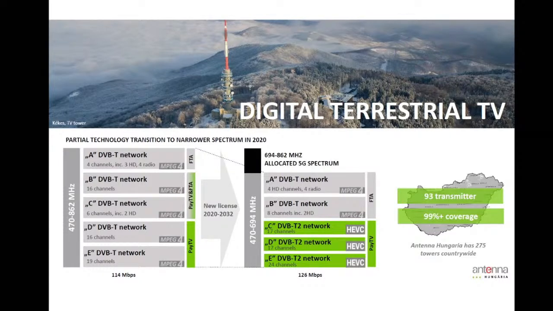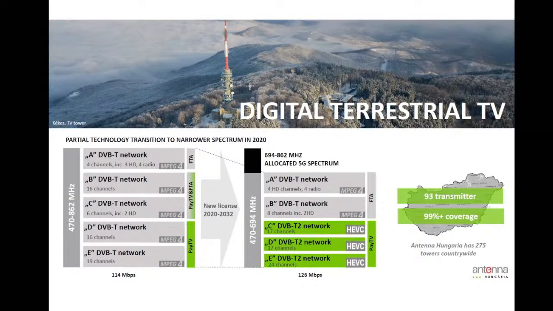The other part is the pay TV part, which is 3 multiplexes in DVB-T2 format with HEVC encoding. And this is the pay TV service. For this, obviously, we had to change the boxes at the viewers.